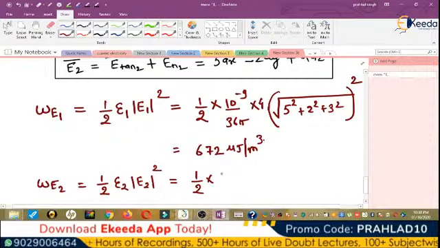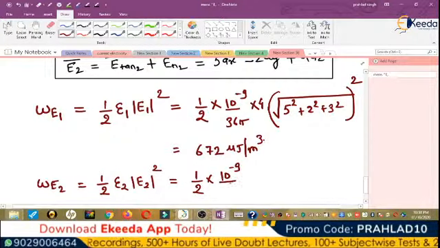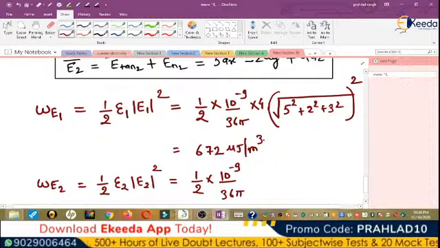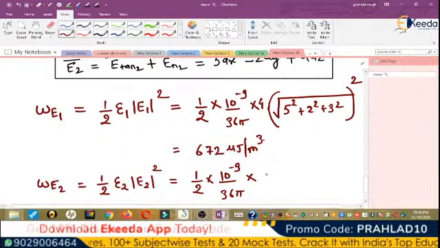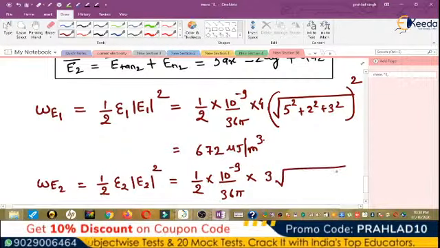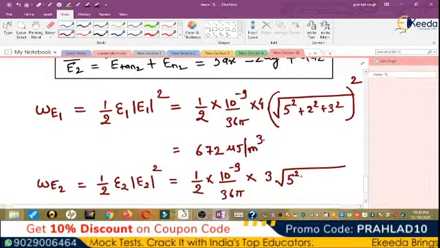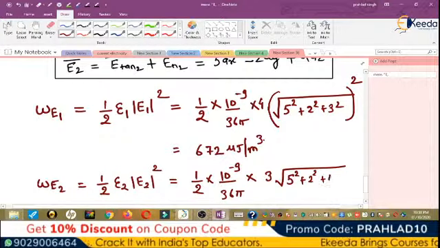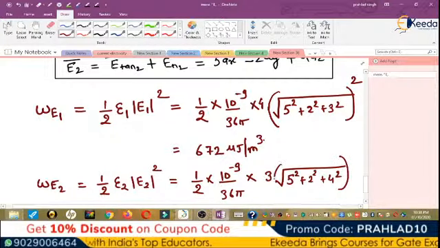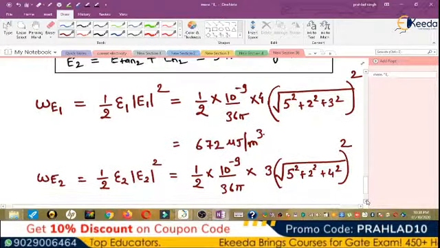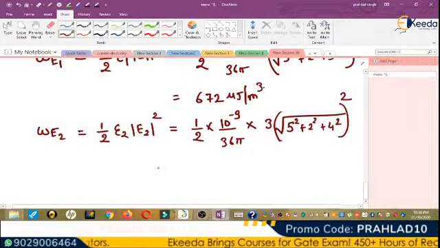So it is 1/2 into 10 to the power minus 9 by 36 pi into epsilon, which is given here as 3, into under root 5 square plus 2 square plus 4 square and its whole square, right?